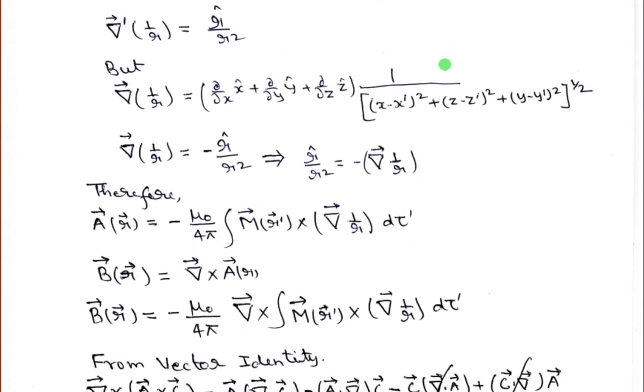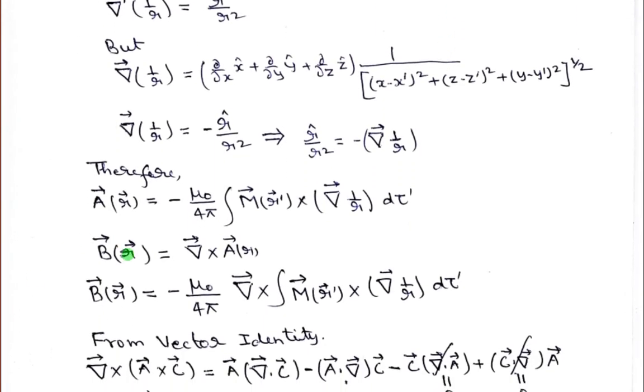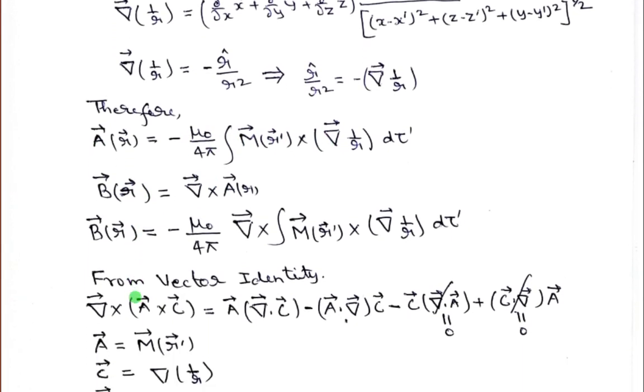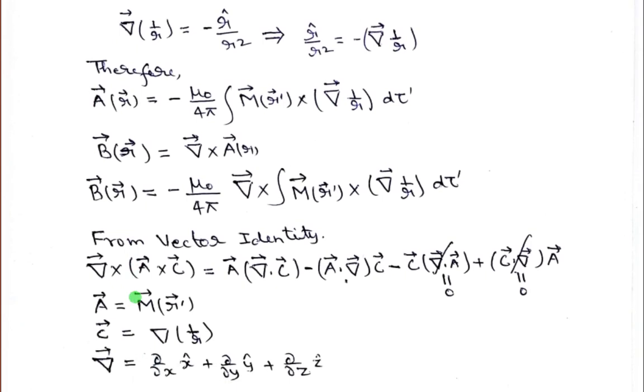So B vector at position r is equal to del cross vector potential A, so obviously we have to take the curl of this vector potential A. If you take the curl of vector potential A, what will we get?